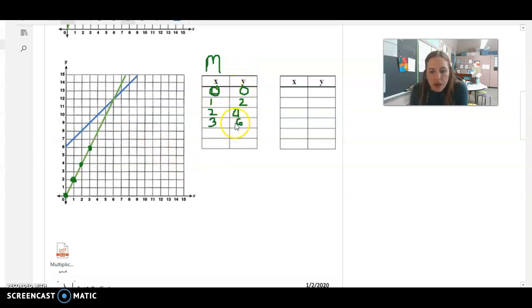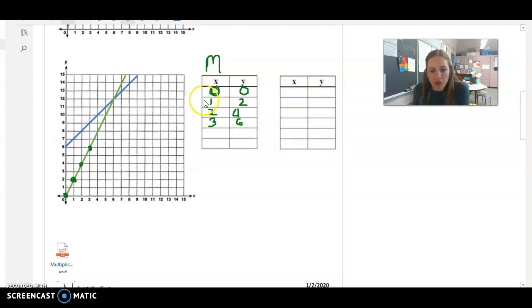So let's see. Do we see a pattern? One of the things we can also check is if the additive pattern characteristic fits. And in this case, remember, one of the characteristics is that when you increase x by 1, the exact same thing happens to y.